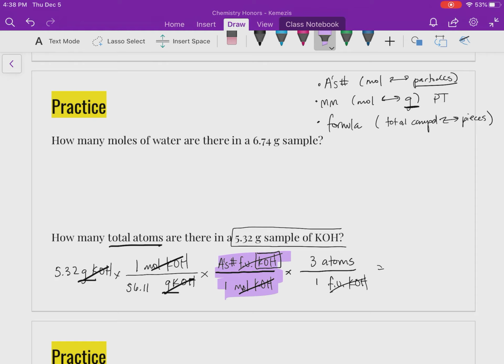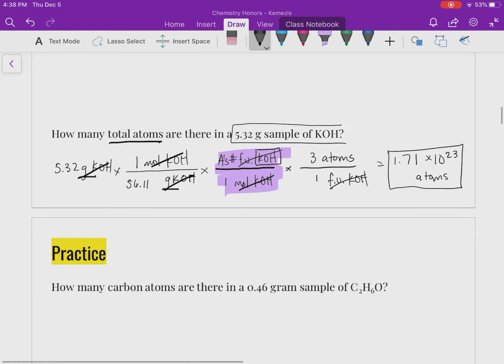So if we do this, 23 times 3, I get 1.71 with 3 significant figures times 10 to the 23 atoms. And technically we're talking about atoms of potassium, oxygen, and hydrogen, but we don't have to specify that. We just have that many atoms.